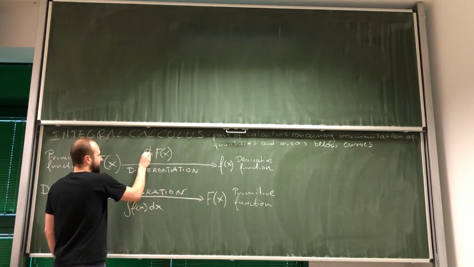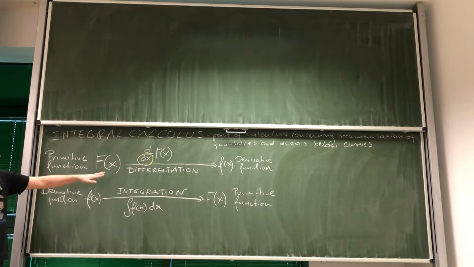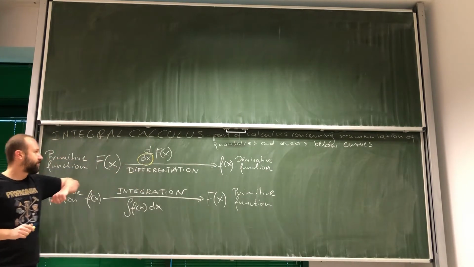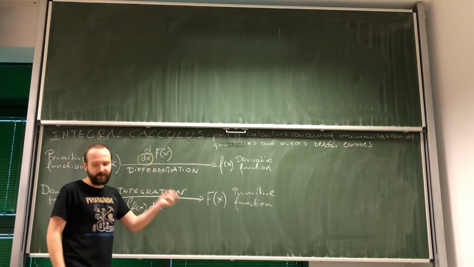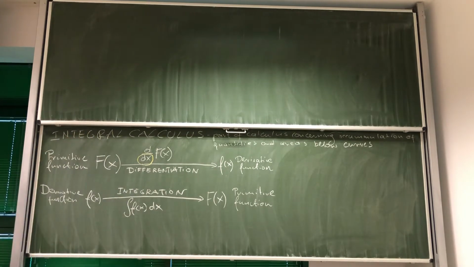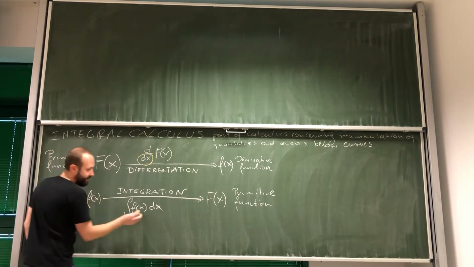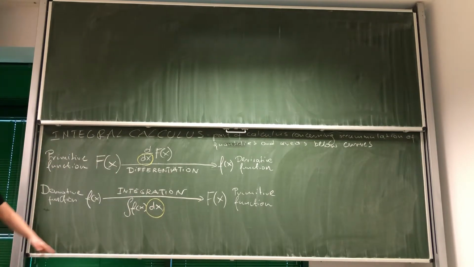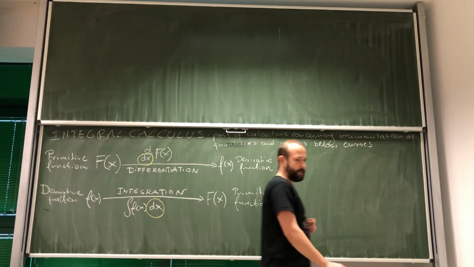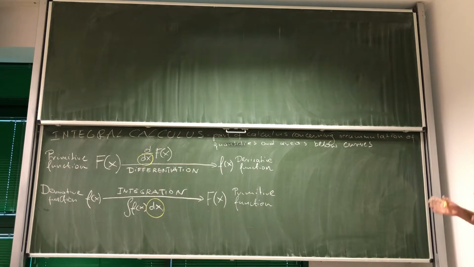When we were in the process of differentiation, we were dividing by dx. Here, when we are reversing this process, so when we are getting from derivative function to primitive function, we also use dx, but now we are multiplying by this dx. And look, as everything in mathematics, this is not a coincidence.